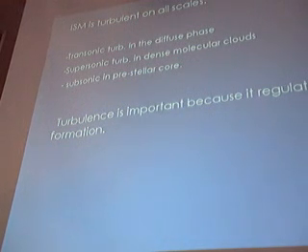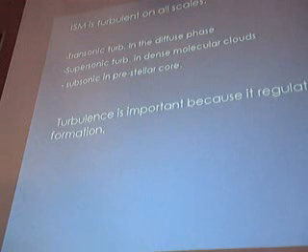Turbulence is important in the interstellar medium because it regulates star formation, in the sense that you can have cluster star formation versus isolated star formation, fast or slow star formation. So it's important how turbulence is generated, what is the length scale on which it's injected into the interstellar medium, what is its strength.